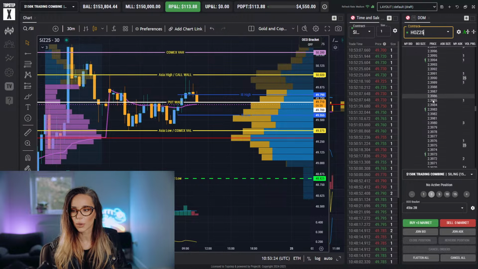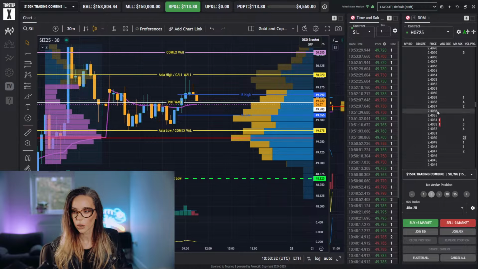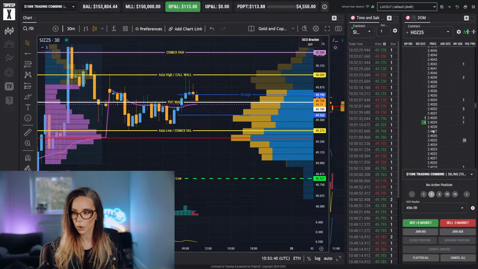Look at this. If you entered here, your spread would be absolutely horrendous, because you don't even have anyone on the other side. So you would basically enter, and then be matched with someone all the way up here. Your fill, you want 240, but you're going to get 240.47.